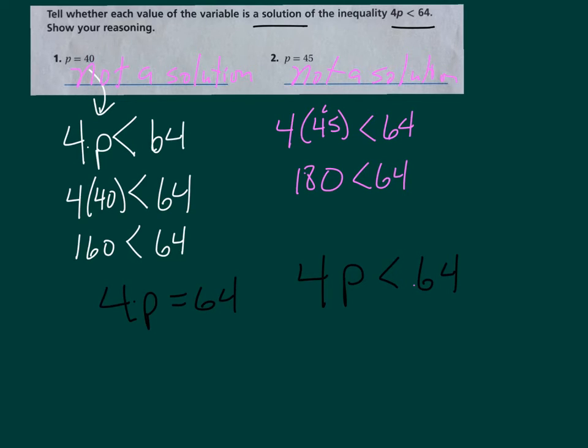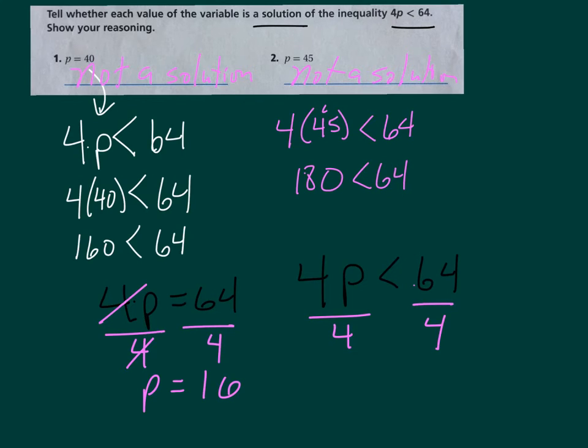You do the opposite, and that's to divide. The 4's cancel out, and I'm left with p equal to 16. Now I do the same thing over here. I divide by 4, divide by 4. The 4's cancel out, and I get p is less than 16.